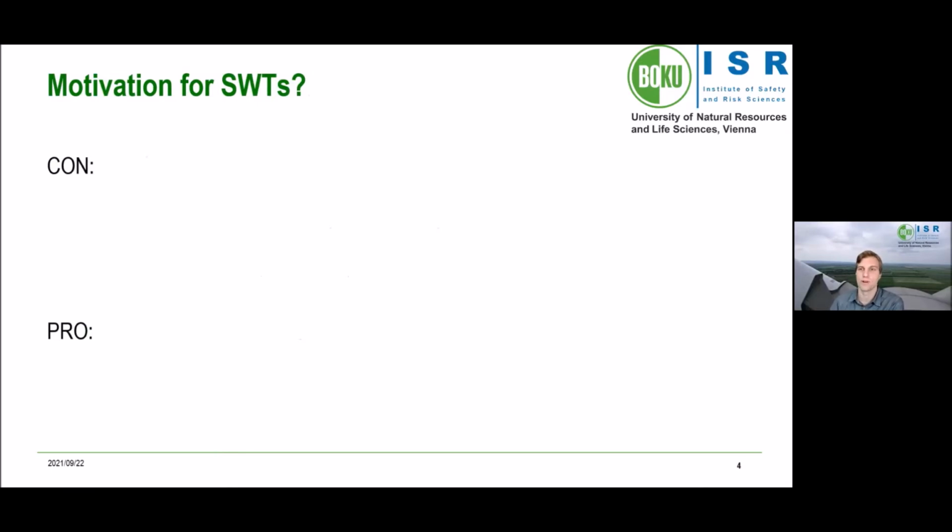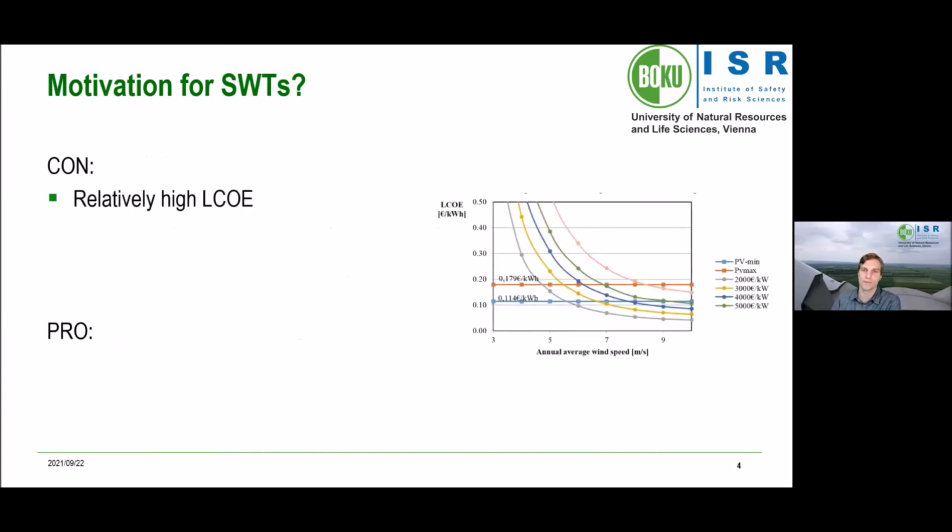Probably it won't be for the low cost, because that's also why I asked in the beginning what's the cost of energy. It's of course depending on the site and so on. Compared to, for example, photovoltaics, it is relatively high, so that's really not so much of a motivation to build a small wind turbine.